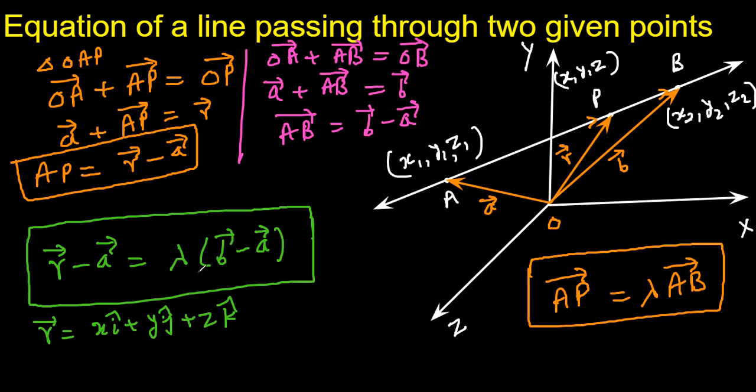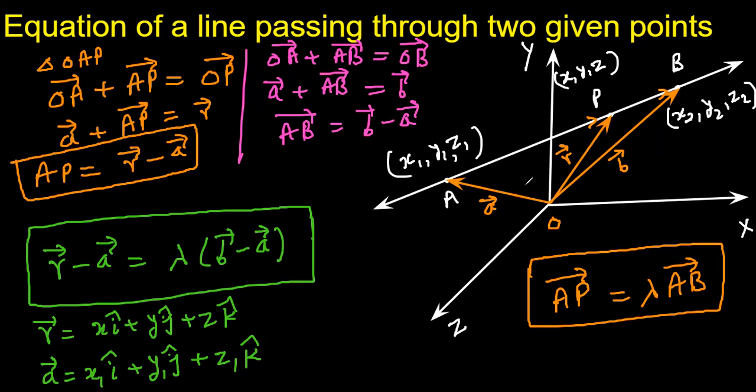In place of a, you write x1 i cap plus y1 j cap plus z1 k cap.